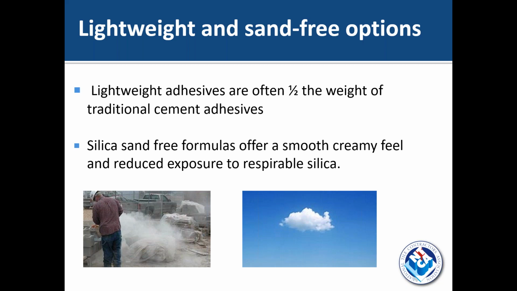It saves on shipping too, and most have a little different feel too. Many have a much smoother and creamy feel than a traditional cement adhesive with sand in it. And then also silica sand-free products are coming out now. These also usually have a very smooth consistency, and they also reduce the exposure to respirable silica, which is an increasing concern in the industry.